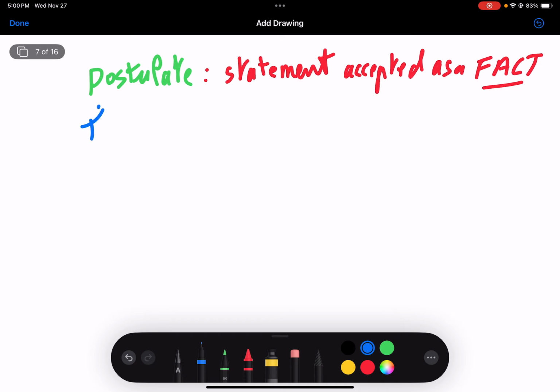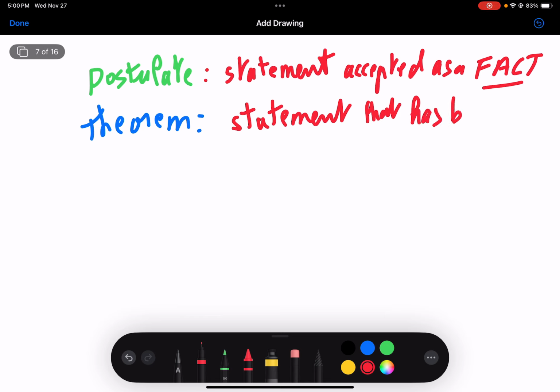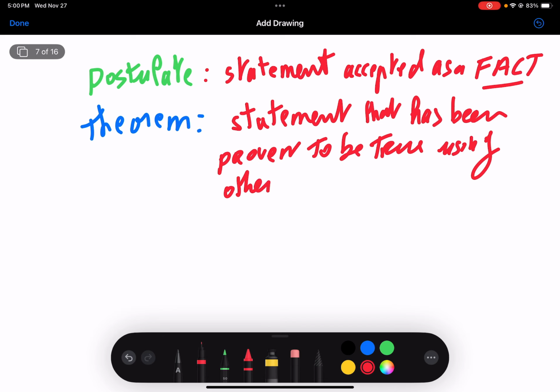And a theorem is also a statement that has been proven to be true using other theorems or definitions or a combination of the two, or postulates.